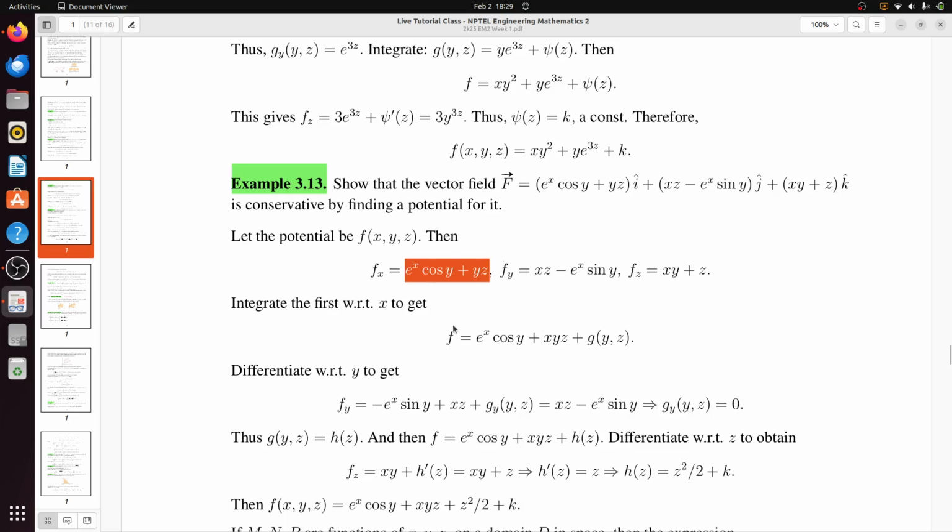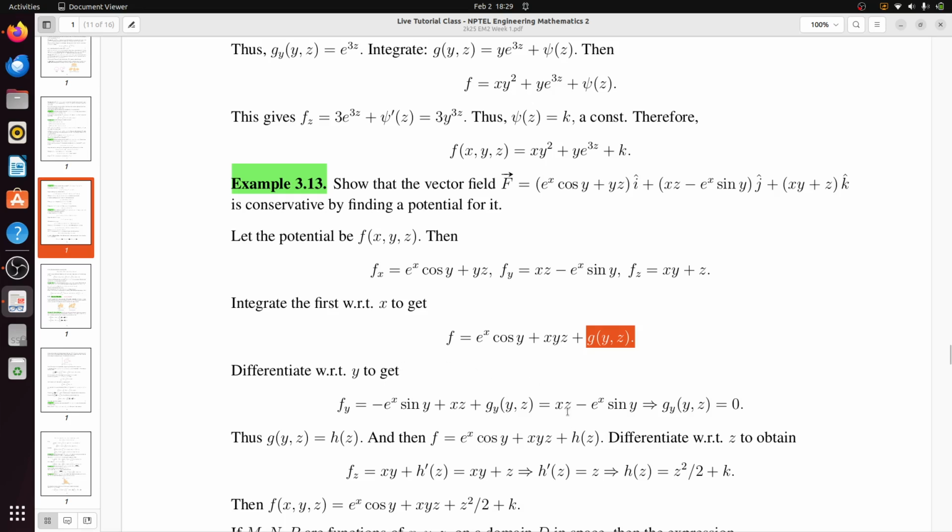Then, since you are integrating with respect to x, instead of a constant you will get a function of y comma z. Why? Because if you take the partial derivative of f equal to e^x cos y + xyz + g(y,z), the first term gives e^x cos y, the second gives yz, and from the third, the partial derivative with respect to x gives 0. That's why instead of a constant we have considered this function g(y,z), because we are integrating partially with respect to x.